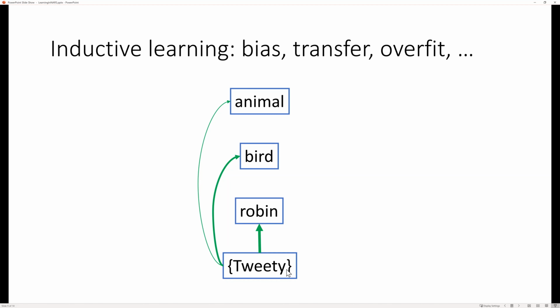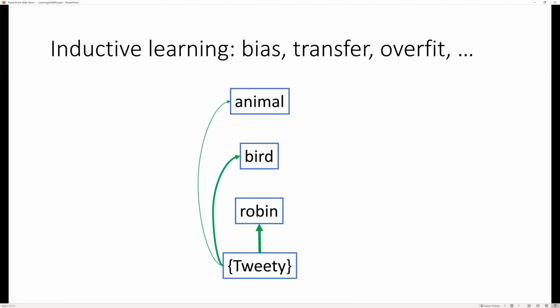Now we see Tweety is a robin, is also a bird and an animal. But the truth values between these three pairs are different because some of them are direct input, some of them are derived conclusions, which are weaker. But anyway, I hope this is easy to understand.